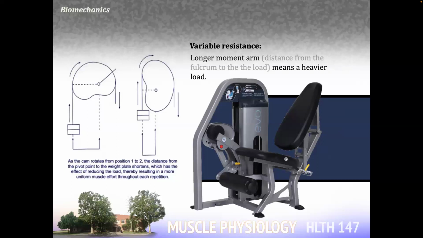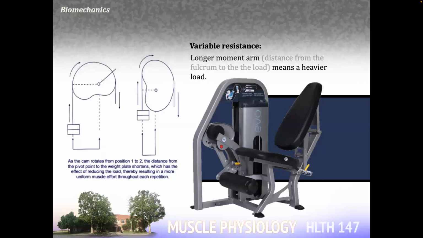If the moment arm of the load lengthens, moving that load will require more muscle force. If the moment arm of the load shortens, moving that load will require less muscle force. And remember, one of the principles we talked about earlier is the length tension relationship in skeletal muscle.